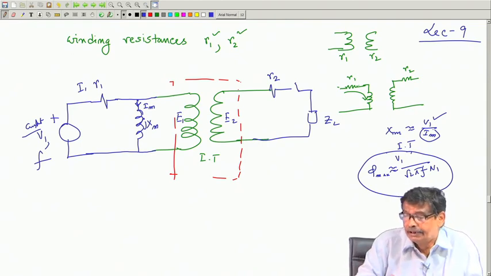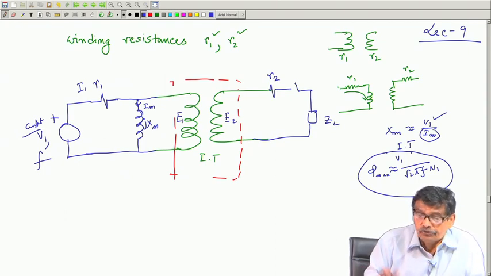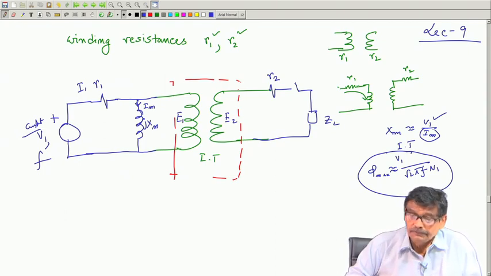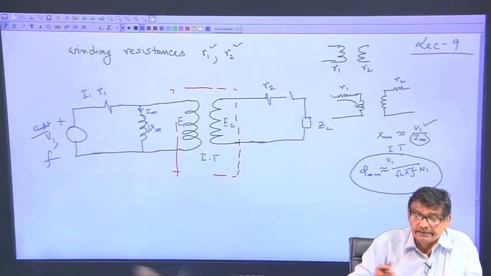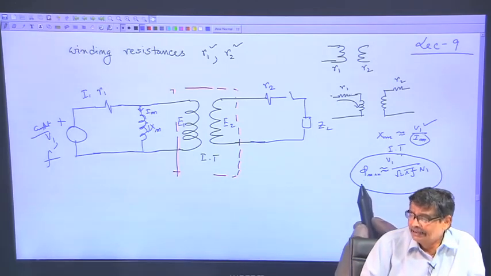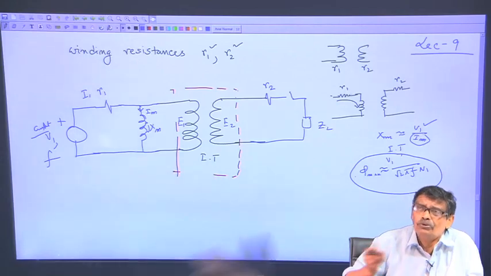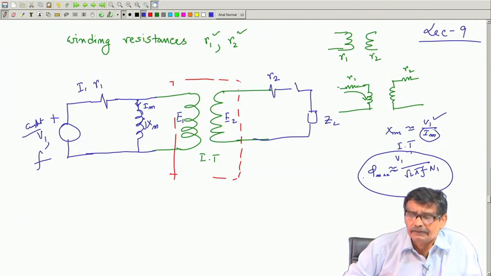Therefore, you must see that very good material is used, for example copper, whose resistivity is very low. So, rho L by A, the winding resistances are small. So this assumption that phi max practically remains the same from no load to full load is good enough.